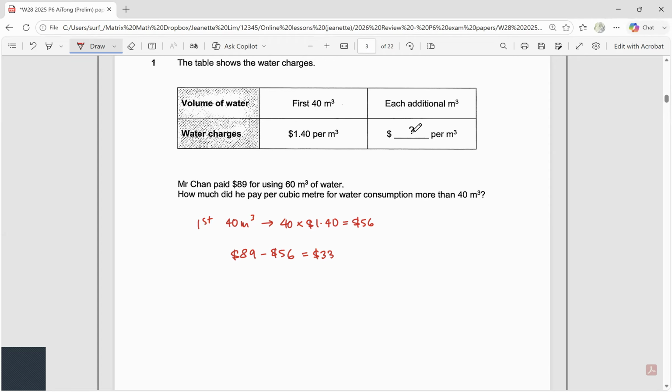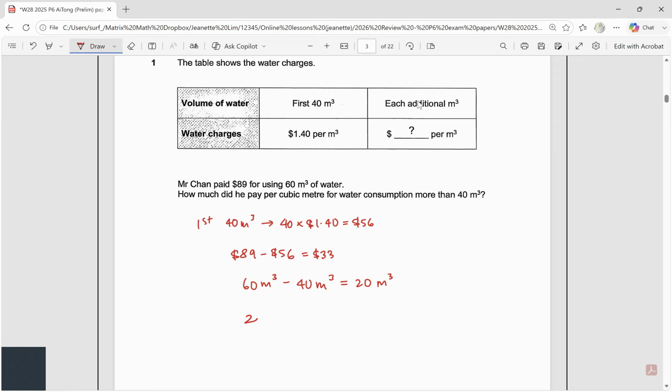for the remaining volume. The total volume that he used is 60. So I know that if this is 40, then the remaining will be 20. So 60 cubic meters minus the first 40 cubic meters would give us 20 cubic meters.